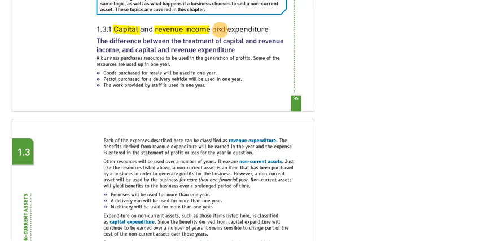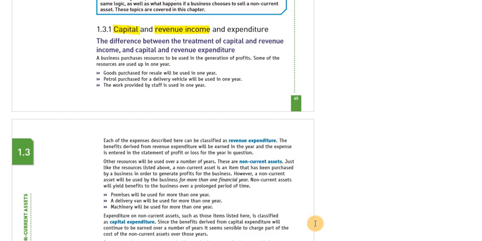A business purchases resources to be used in the generation of profit. Some of the resources are used up in a year. Goods purchased for resale are used within 1 year. So these are not non-current assets. These are the capital and revenue expenditure.